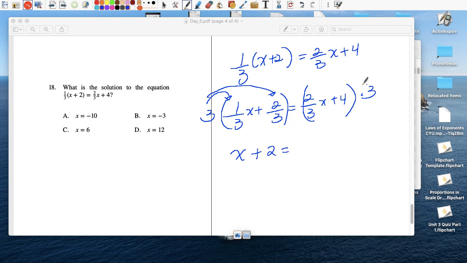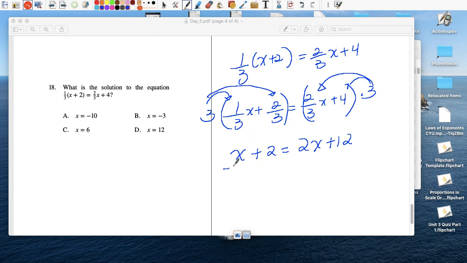On the left side, 2/3 times 3, again the 3s simplify, and we're left with 2x, and then 3 times 4 would be positive 12. And from here on, you just solve.